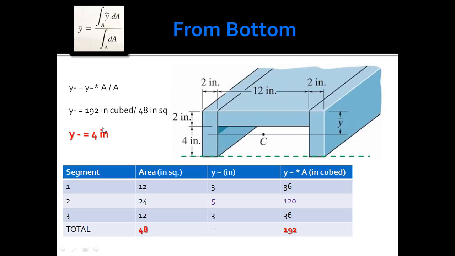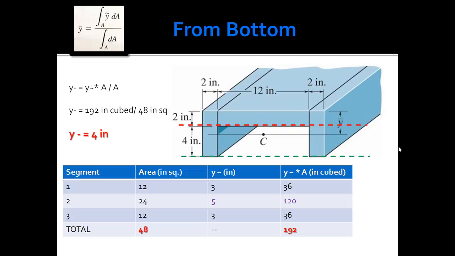So that gives us a different answer only because we used a different reference, but the fact that it gives us a different number doesn't mean that the answer changes. It just tells us 4 inches above our bottom, right? So we go up 4 inches, and once again it's the exact same answer as if you had started from the top. It would be 4 inches above the bottom, so it'd be somewhere along this line.